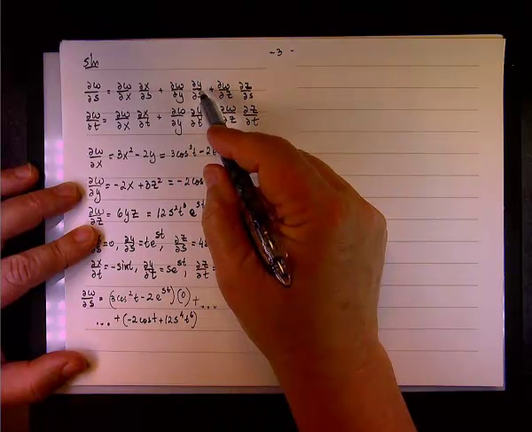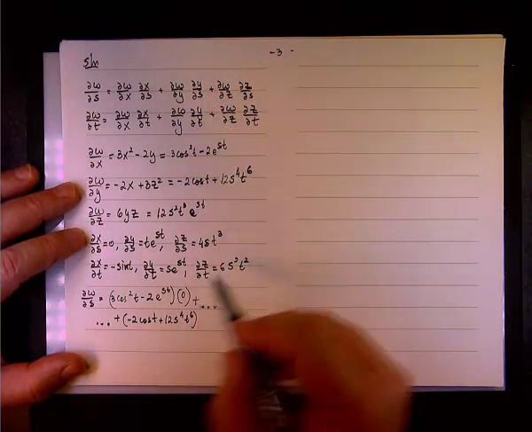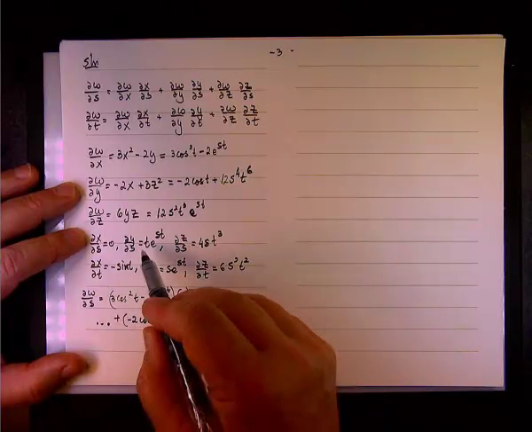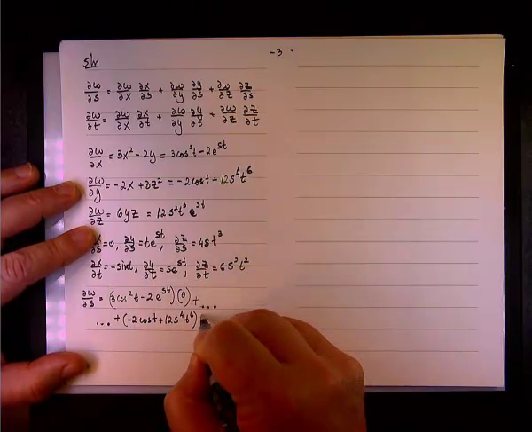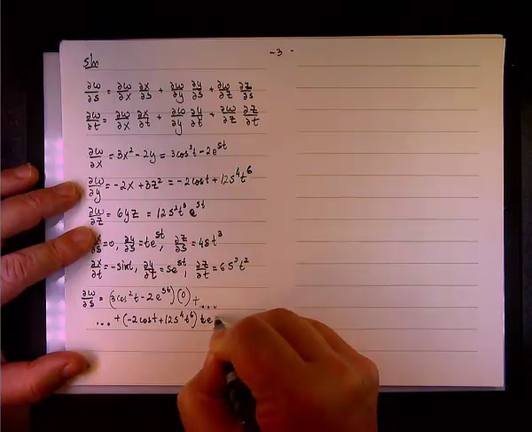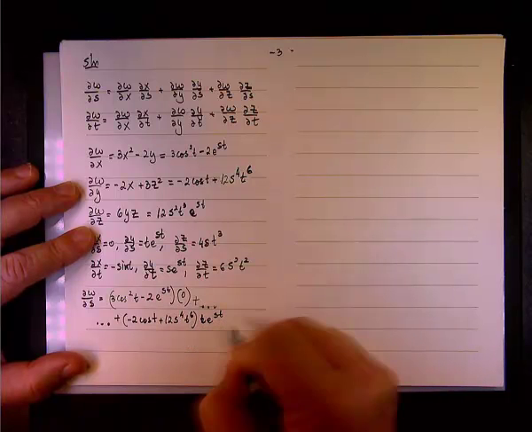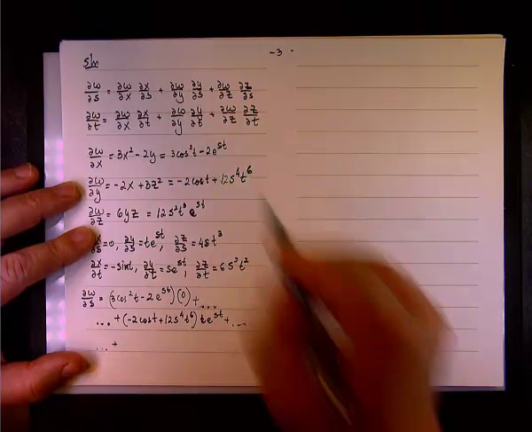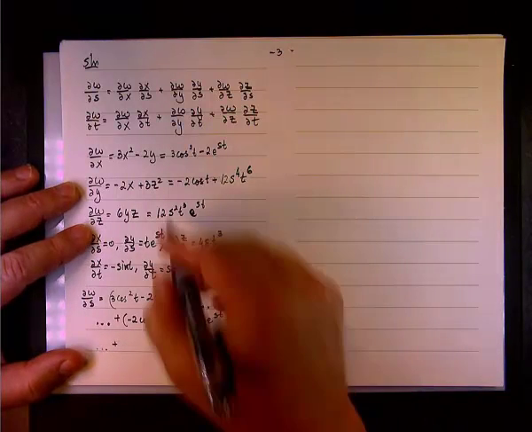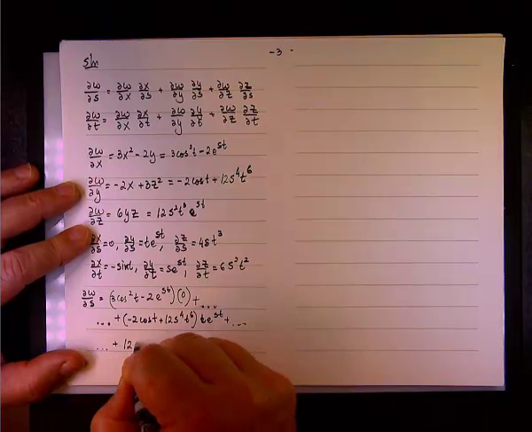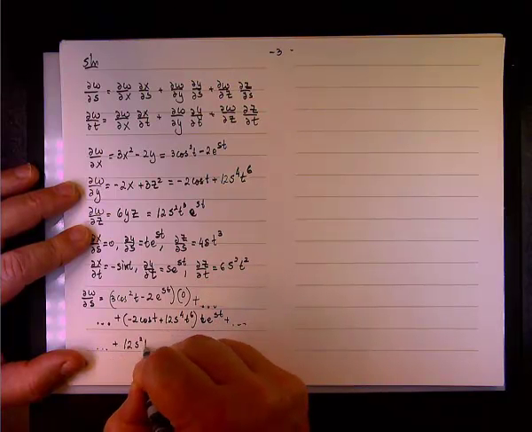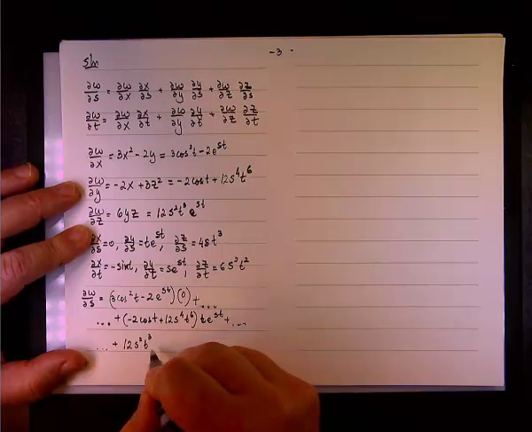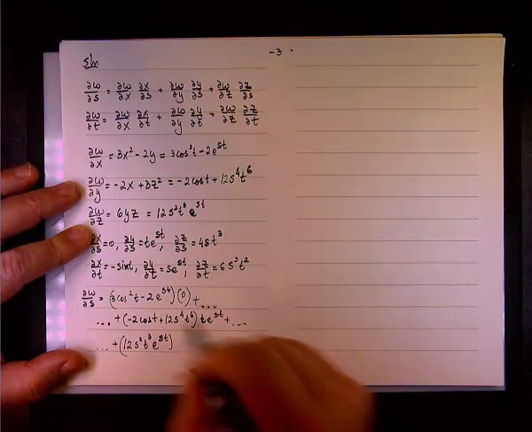Actually, let me write it here below, underneath. I do plus dot dot, and then I write it below. So we have negative 2 cosine t plus 12 s to the 4th t to the 6th times del w del s.